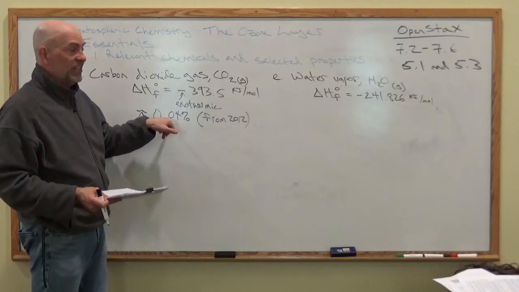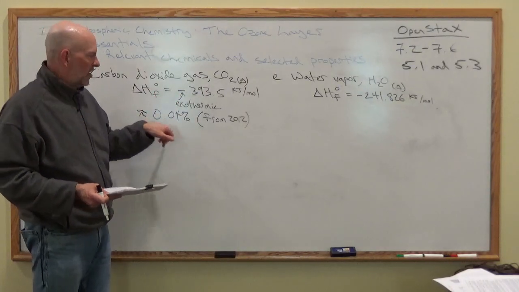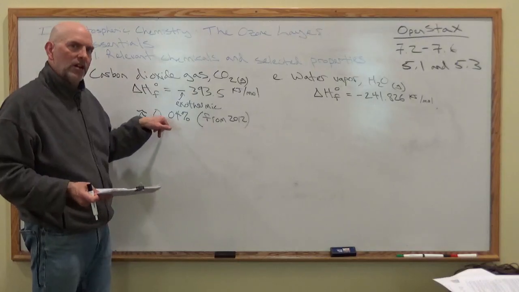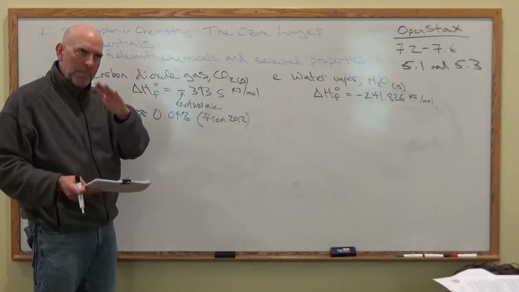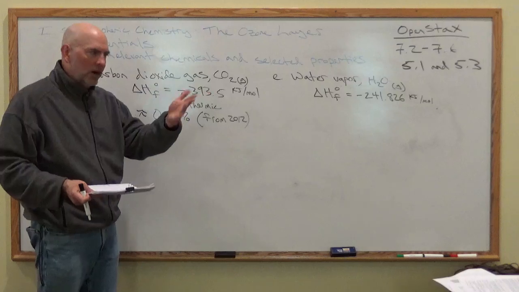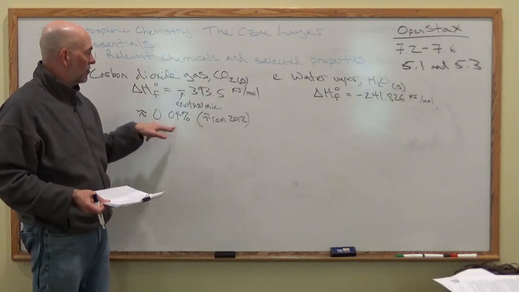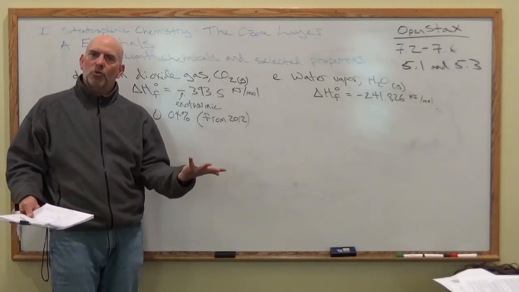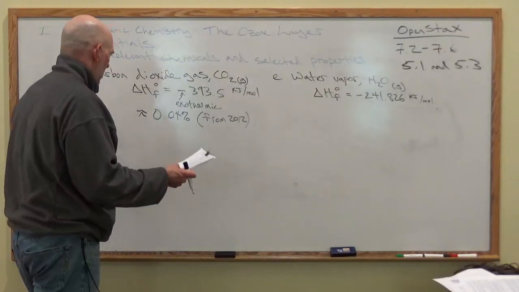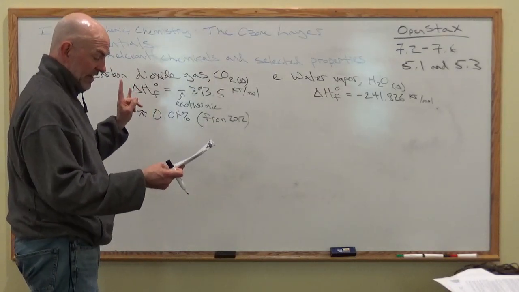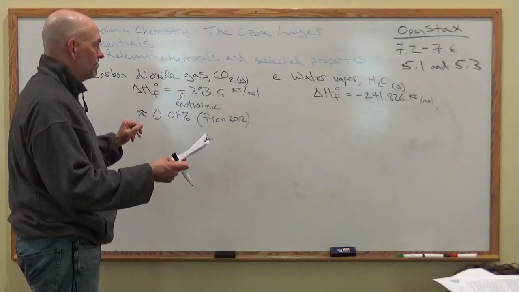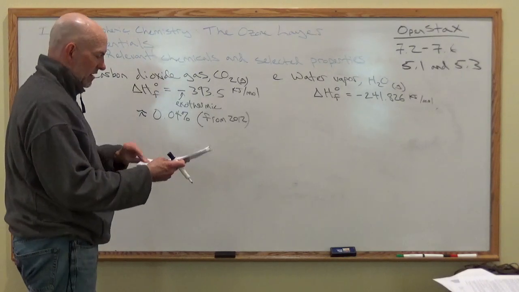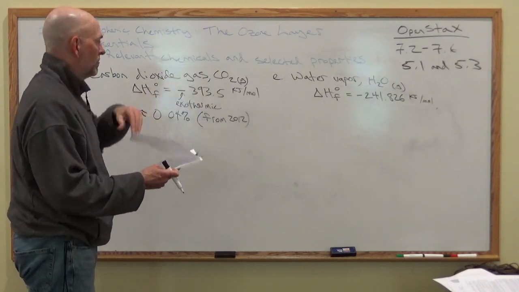So this percentage is not fixed. It's not a constant. It depends on anthropogenic, man-made, human-induced, if you will, activity. This number is from 2012, which is when your book was published. So that's variable. That is not a fixed number.